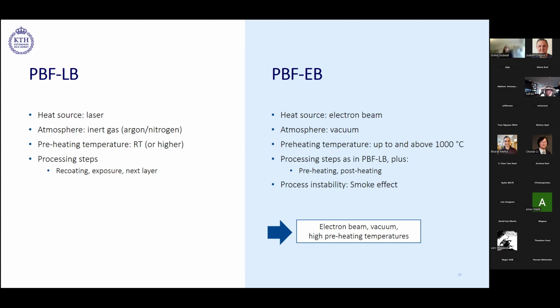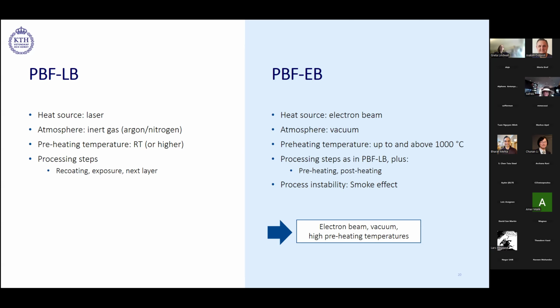And then you also have different processing conditions, so different processing atmospheres. In laser powder bed fusion, it's usually performed in inert gas, whereas electron beam powder bed fusion is in vacuum. And then you also preheat the powder bed to high temperatures to sinter the powder, which you normally don't do in laser powder bed fusion. So the electron beam process is at a much higher temperature.